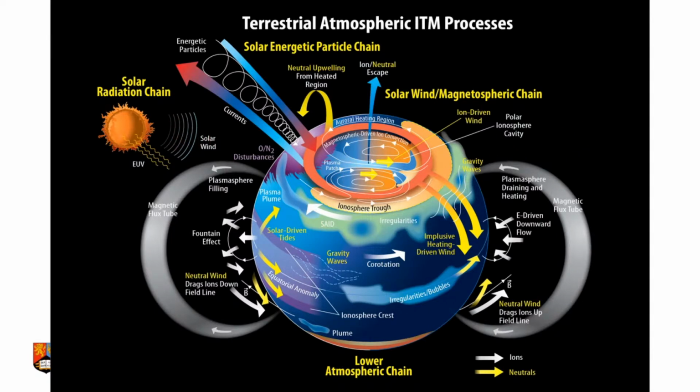We also have interactions with the atmosphere below us, where large convective systems like thunderstorms can generate waves that propagate up into the ionosphere, cause disturbances, create structures within the ionosphere itself, and modulate the upper atmosphere. So it's an incredibly complex system, and when you think about it in the context of, say, how we model weather in our regular atmosphere, you can imagine that the additional complexity leads to some fairly substantial problems in terms of predictability.